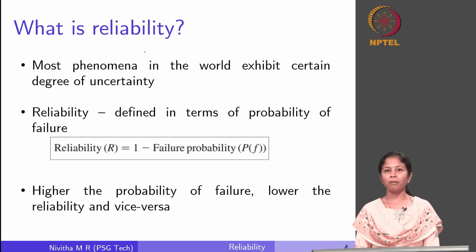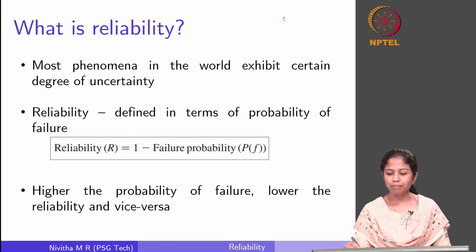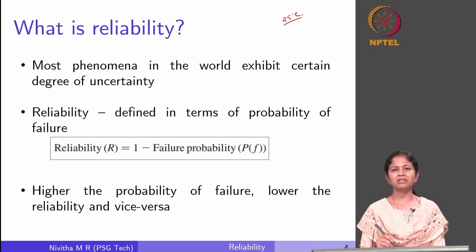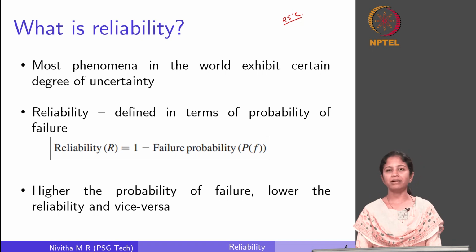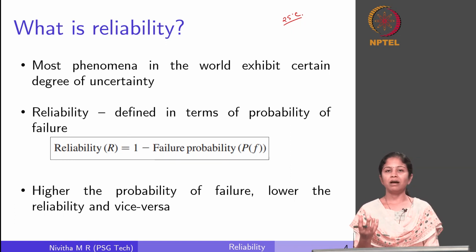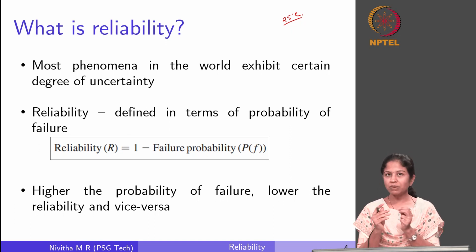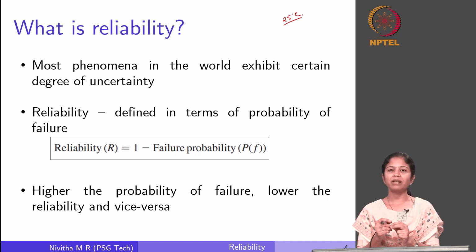Let us say we are performing a test. The test temperature is specified to be 25 degrees Celsius. How sure are we that this 25 degrees Celsius is exactly going to be maintained throughout my test? There might be slight variations in atmospheric conditions. Let us say the equipment is equipped with a temperature control device, so it will adjust the temperature to meet the 25.